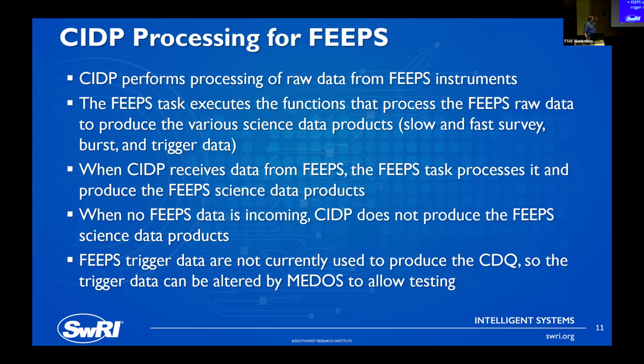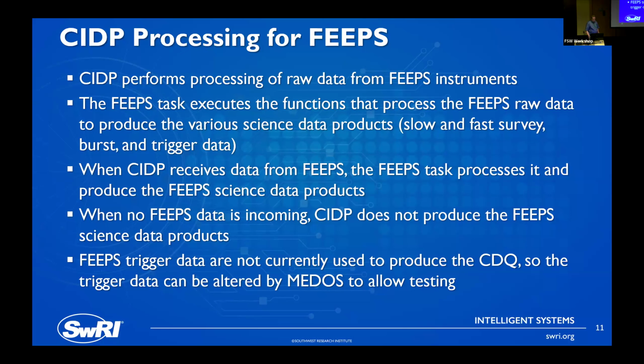There's a special task running within the CIDP flight software, which does the data processing for FEEPS. There are 2 FEEPS on board, so that task will actually process data for both instruments. When no data is coming in from FEEPS, the task basically sleeps and doesn't do any work.